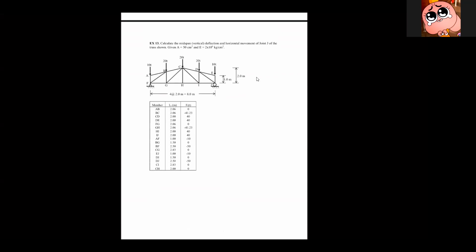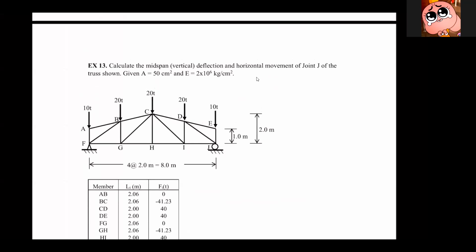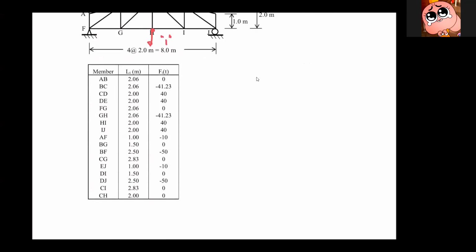And if you want to know the deflection anywhere, say the mid-span vertical deflection here, you need to apply the unit load here. Then you can calculate the response due to the unit load, and you can calculate the actual deformation of each member, but you need to analyze the truss, of course.